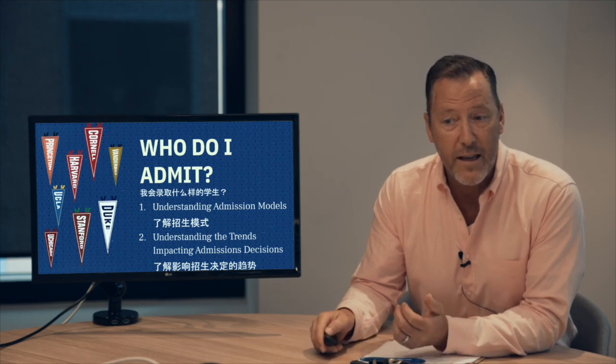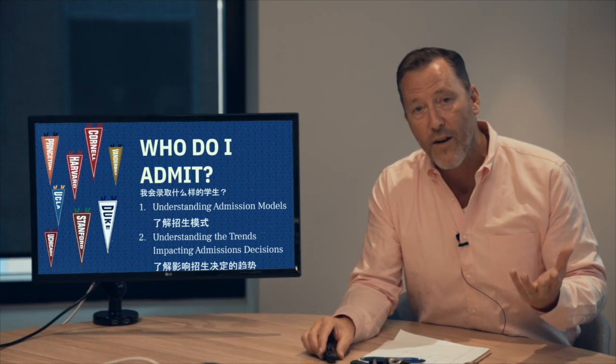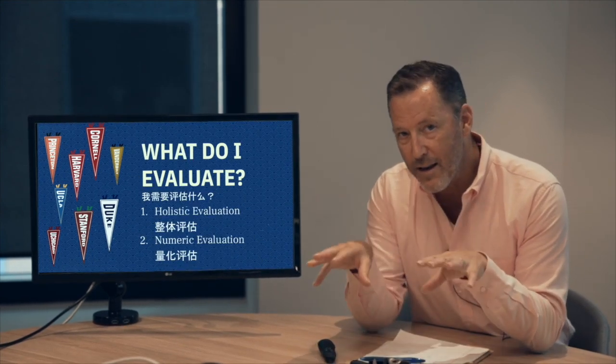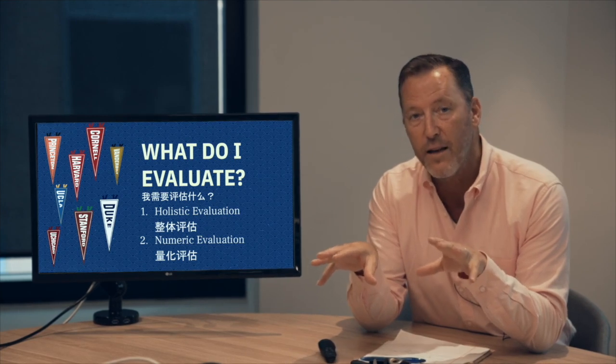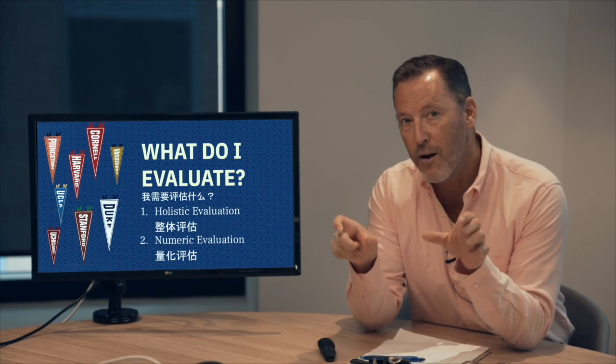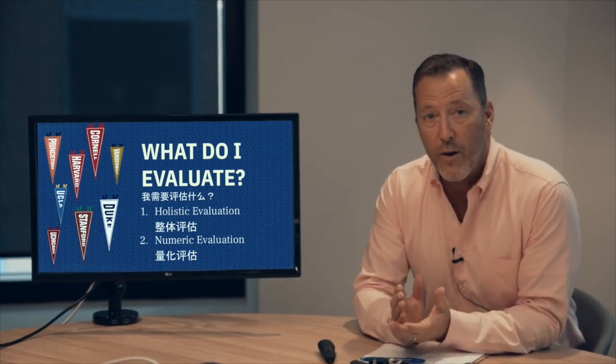So let's start with in the admissions office, and kind of the question always begins, what do I evaluate? It's incredibly important for students and advisors to understand that there's 2 admissions evaluation models used in the United States. One model is numeric evaluation.